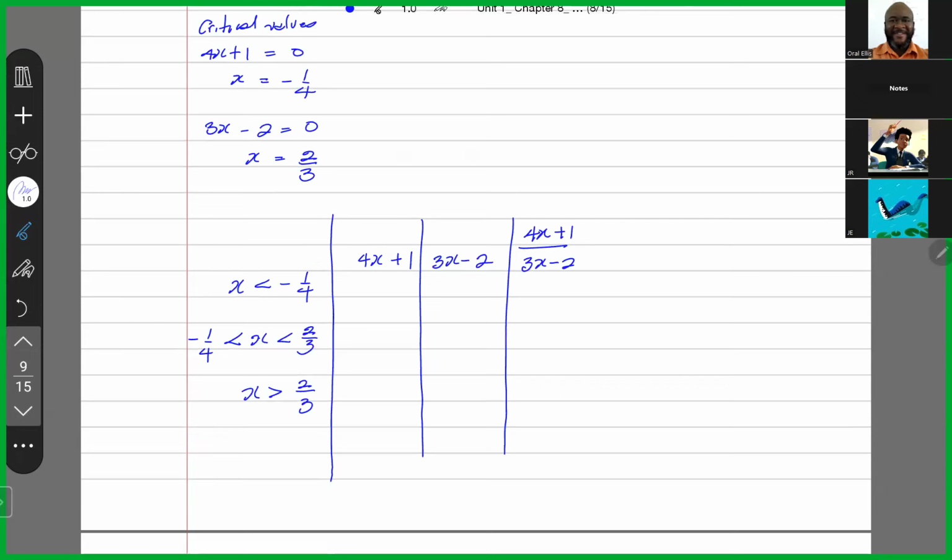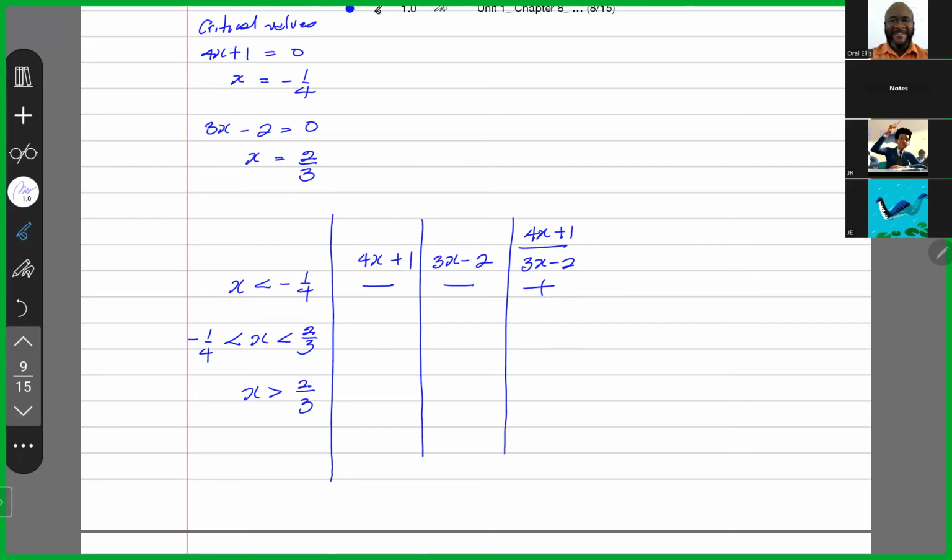So when x is less than minus a quarter, for example, if x is minus 1, 4x + 1 would be negative, and 3x - 2 would also be negative, and a negative divided by a negative is a positive.